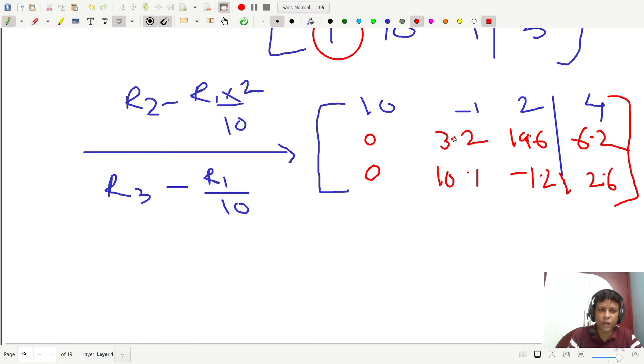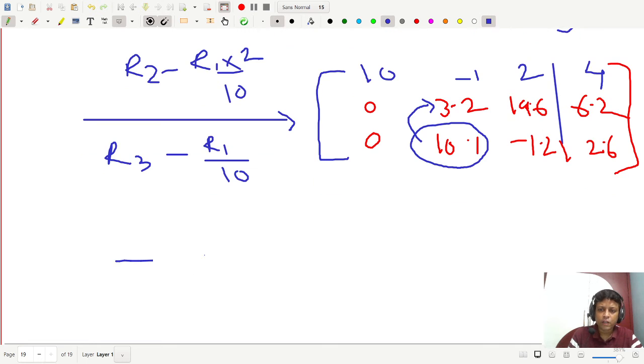Now my target is to eliminate the coefficient of x2. The numerically larger one is 10.1 again, so it will go to the second position, and we have to interchange R2 and R3, right?